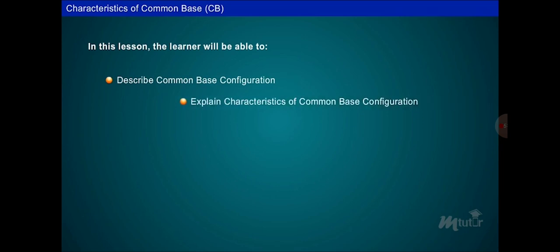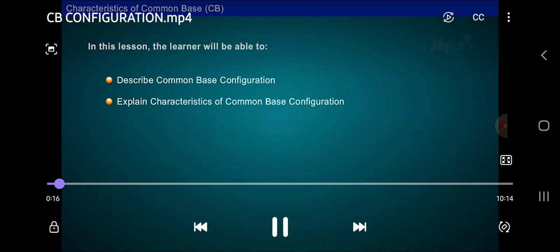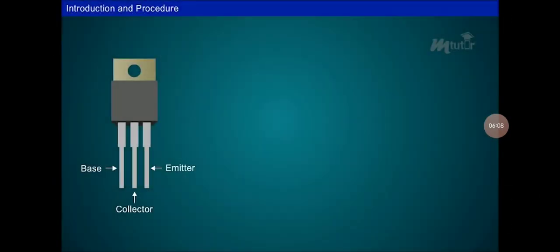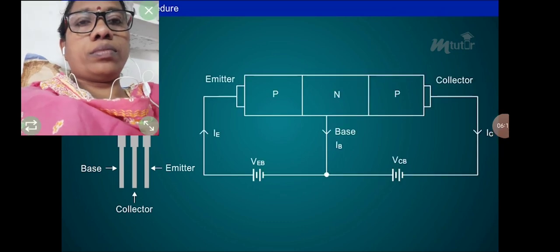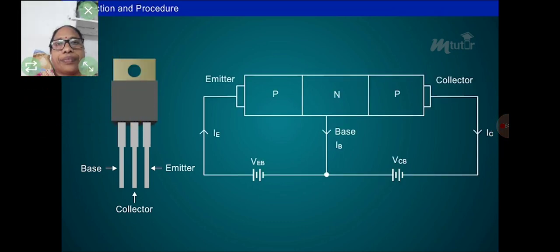Characteristics of common base CB. In this lesson, the learner will be able to describe common base configuration and explain characteristics of common base configuration. Previously, we have seen the construction and operation of BJT.